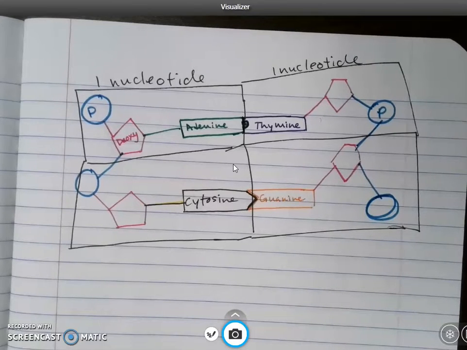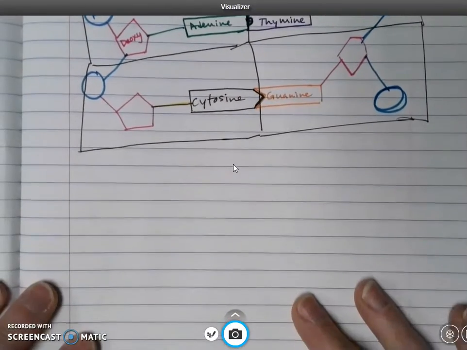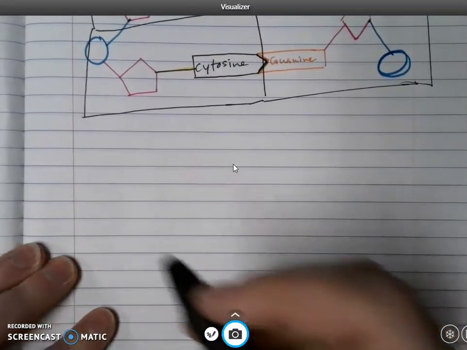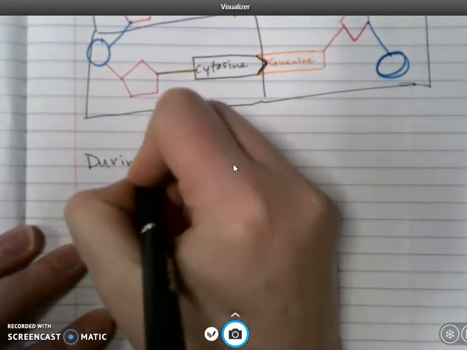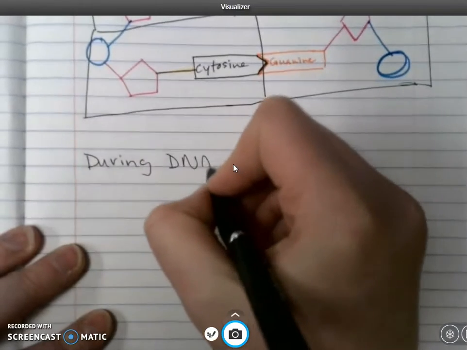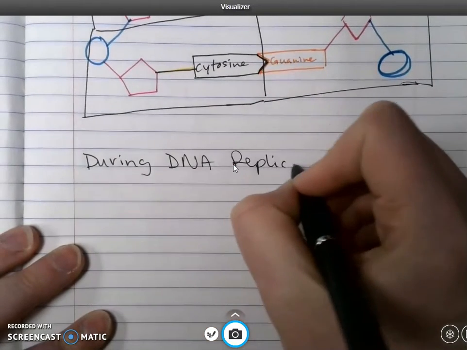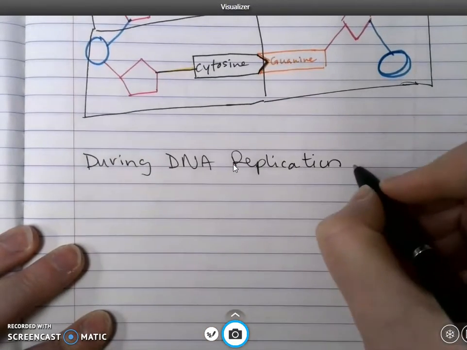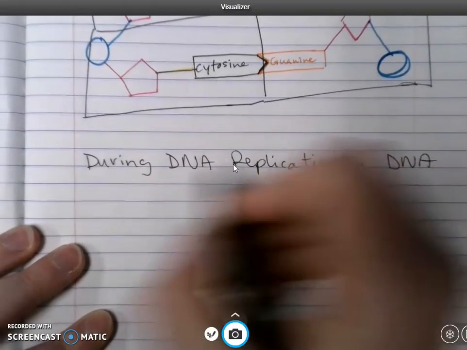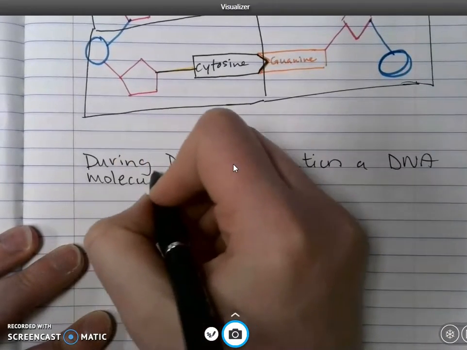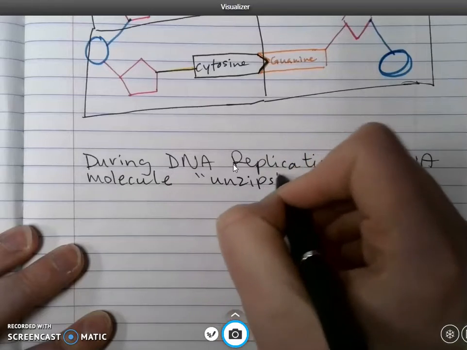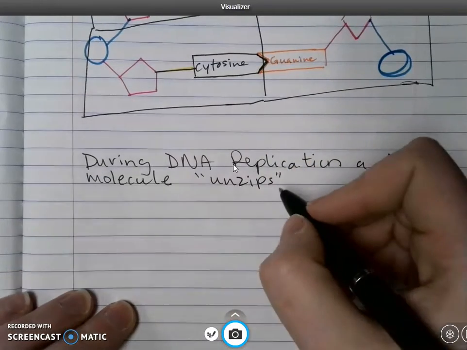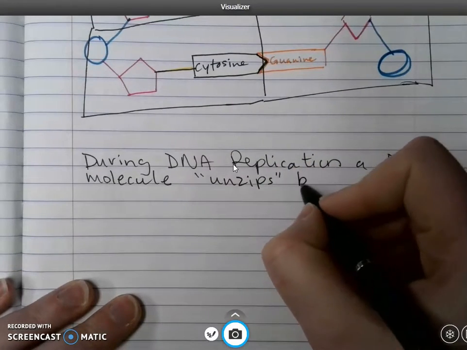Now, let's dive right into how DNA can replicate itself. During DNA replication, a DNA molecule unzips like a zipper on a jacket. It unzips between its nitrogen bases.